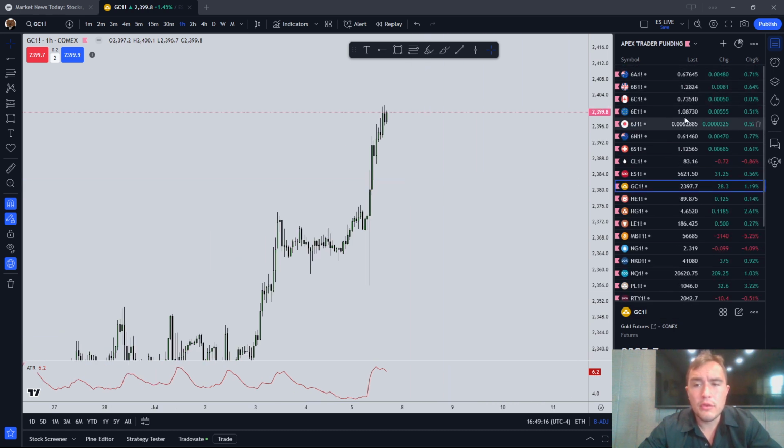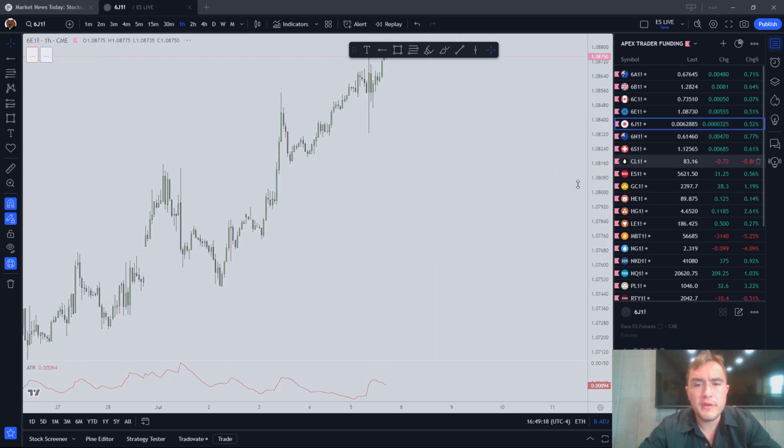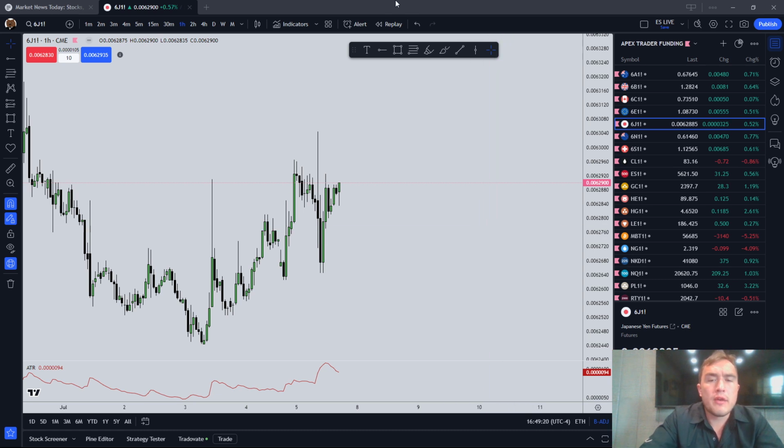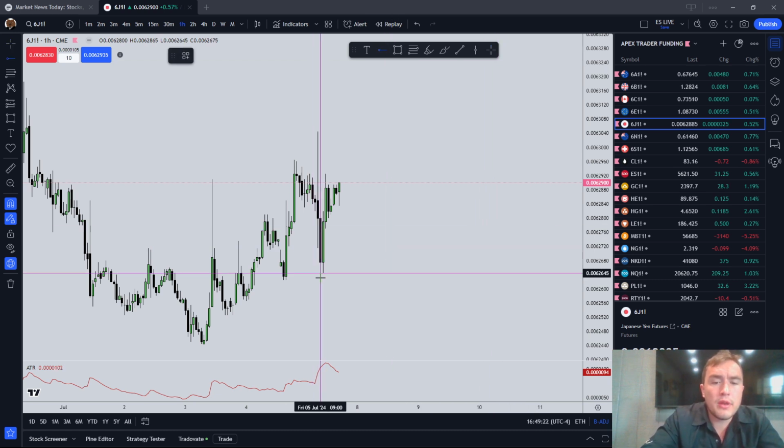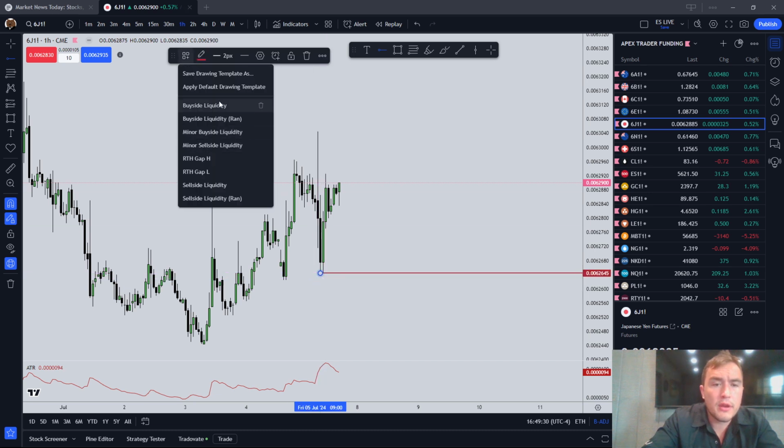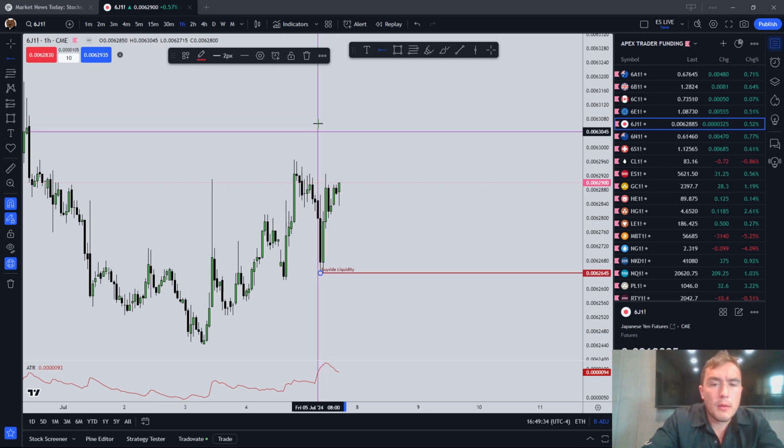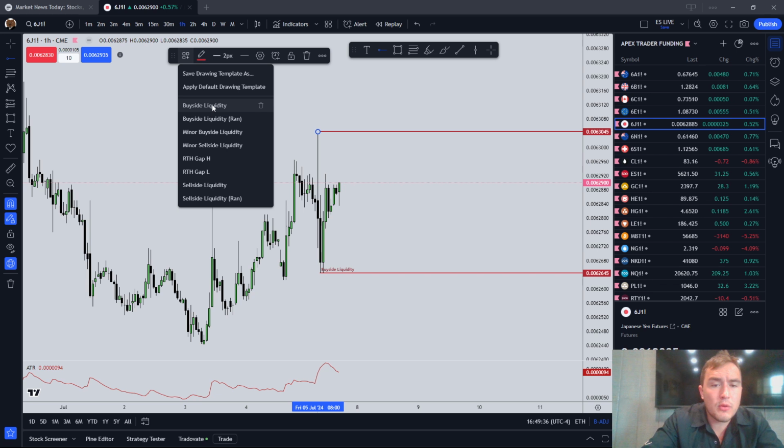Okay, now let's try one more example. Let's go to the Yen futures. Okay, so where is our sell side liquidity? Do you see these equal lows here at spot 0062645? There's our sell side liquidity. Up above is our buy side liquidity.